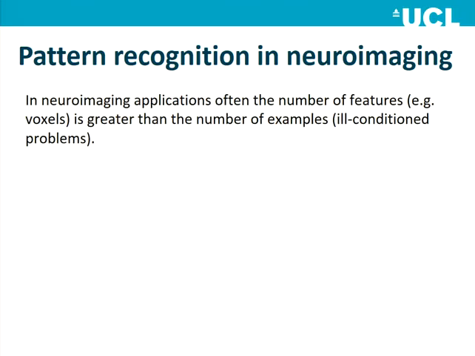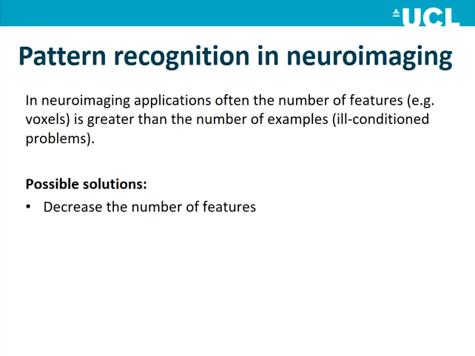So actually there are ways that you can overcome this problem, and I will just talk about some of them and emphasize one of them that I think is the best one, in my opinion, but there are different ways we can approach this problem. One is you can decrease your number of features, by just using regions of interest or averaging your image to summarize the features into regions instead of voxels.